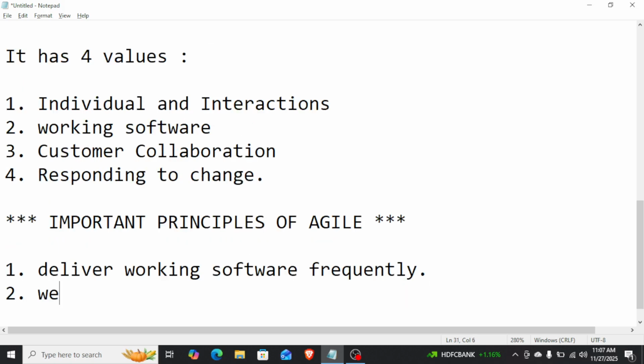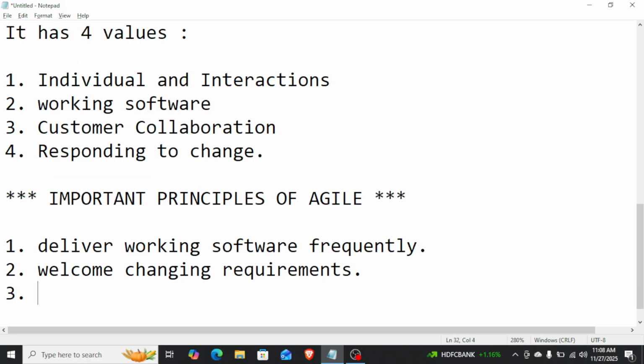Second one is welcome changing requirements. Third one is business and developers must work together.